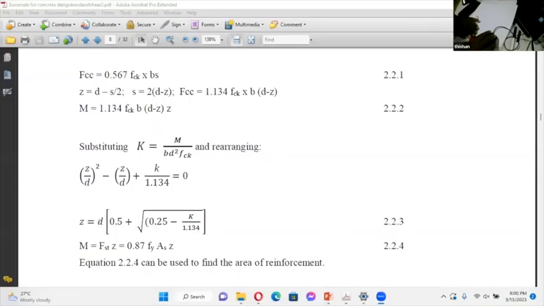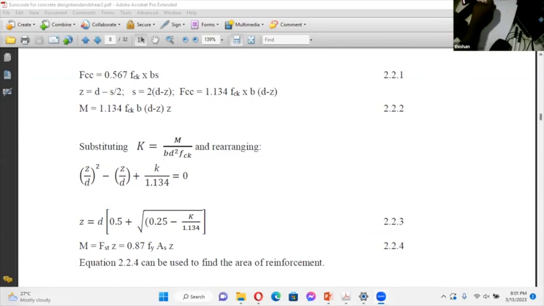So I'll write the equation, and you can see it's given in the note as well. Let's see the value. I'll share the screen again, and here you can see Z over D is equal to 0.5 plus the square root of 0.25 minus 4K over 1.134. Because we have a 2 here, when you divide by 2, you get 0.25 minus K over 1.134.